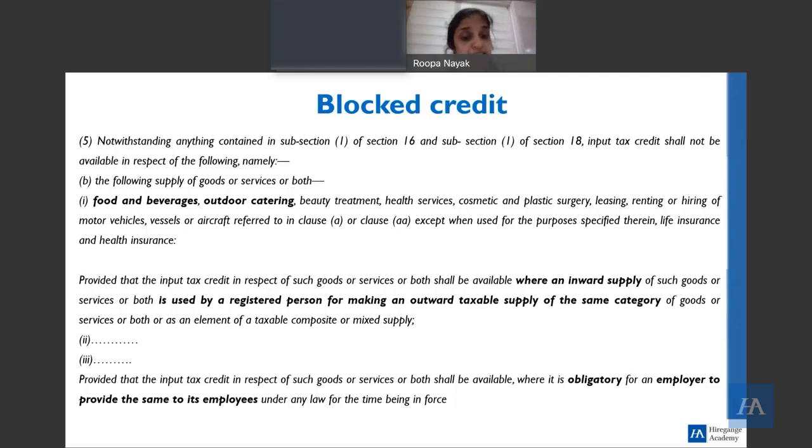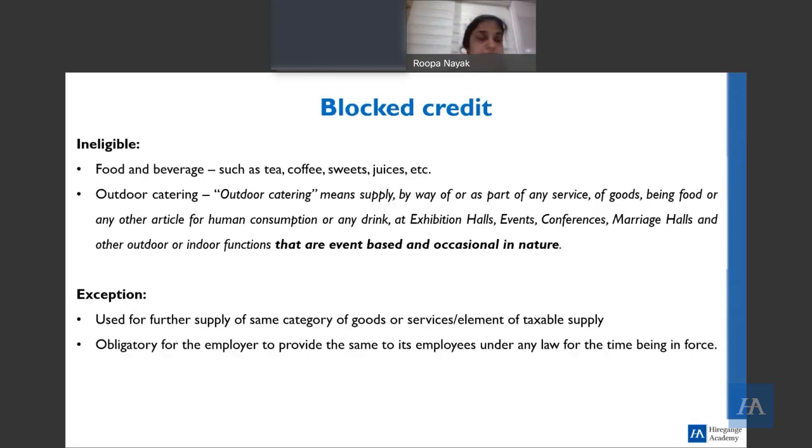Further, it sets out that the ITC on such goods and services shall be available where it's obligatory for an employer to provide the same to its employees under any law for the time being in force. So let's look at what is the restriction and what is actually eligible or what has been enabled.